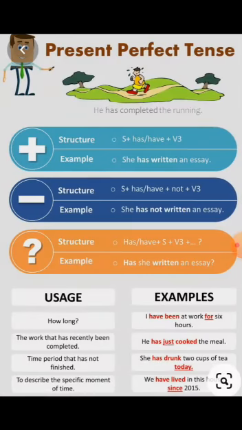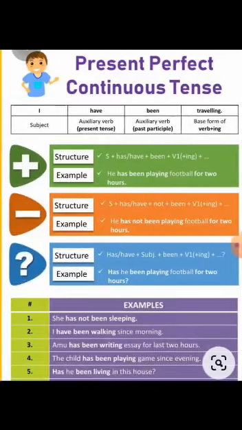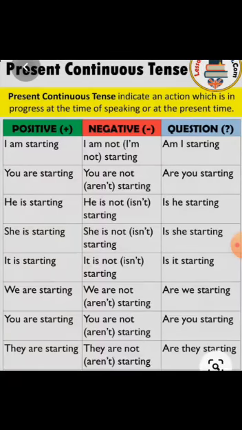And now I am coming to the second form, that is called present continuous tense. In present tense, I have already told you that there are four types of tenses. The first one is simple present tense, also known as present indefinite tense.